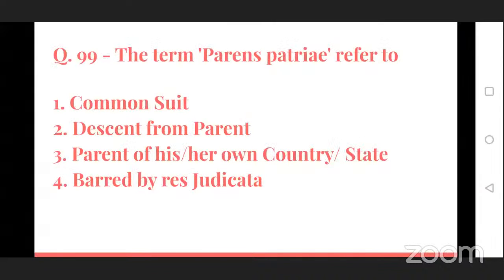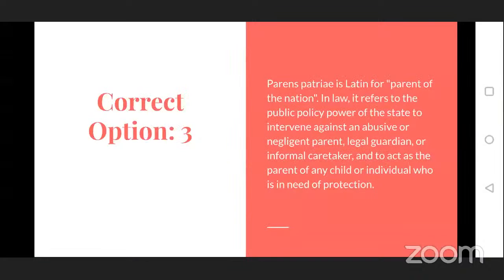Now, this is the second last question for the whole session. The term parens patriae refers to: common suit from parent of his or her own country or state, or barred by res judicata. So the correct option is option number 3, that is parent of his or her own country or state. So it is also a Latin term which means parent of the nation.